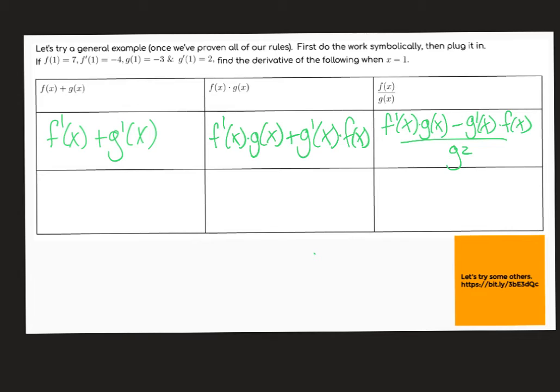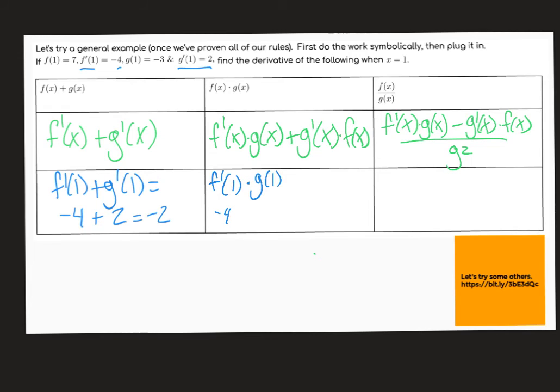Finding the value of each derivative when x equals 1 is going to be f prime of 1 plus g prime of 1. And we're given those values. F prime of 1 is going to be negative 4. G prime of 1 is going to be 2. In our next part, for the product rule, we're doing f prime of 1, which we said was negative 4, times g of 1.